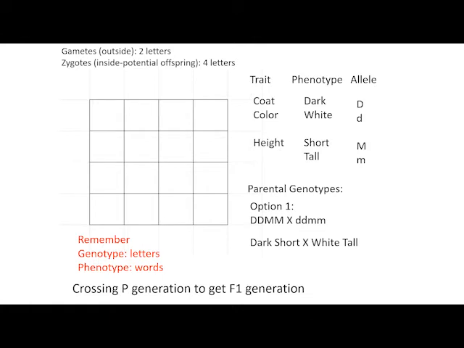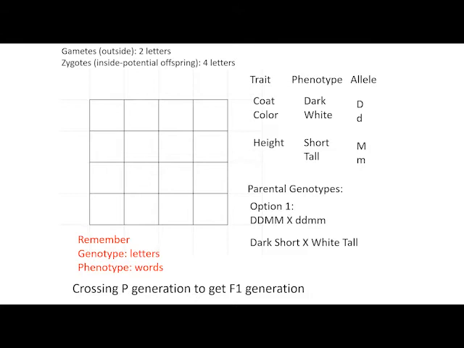We want to talk about the two different ways our parental genotypes and phenotypes can look and still be homozygous. The first option is to have the phenotype for one parent be dark and short. If I look at my table, I can see that those are both dominant phenotypes.